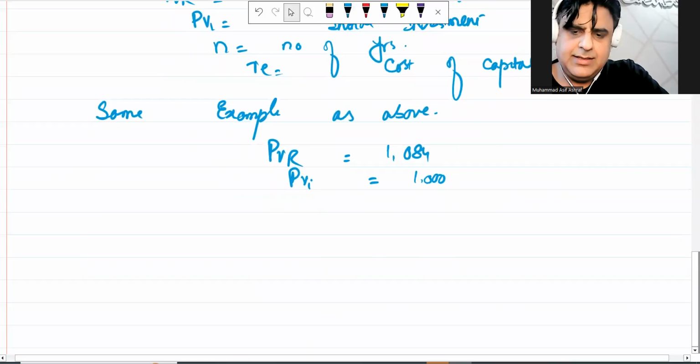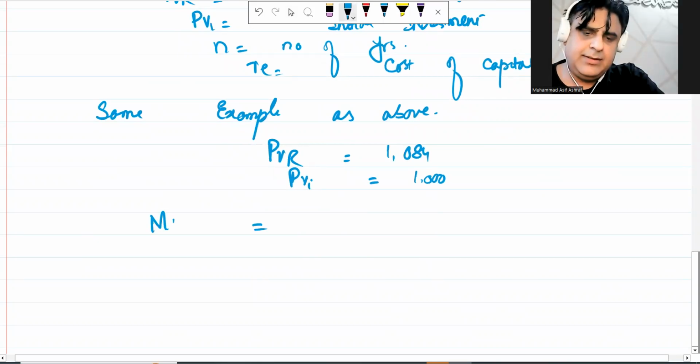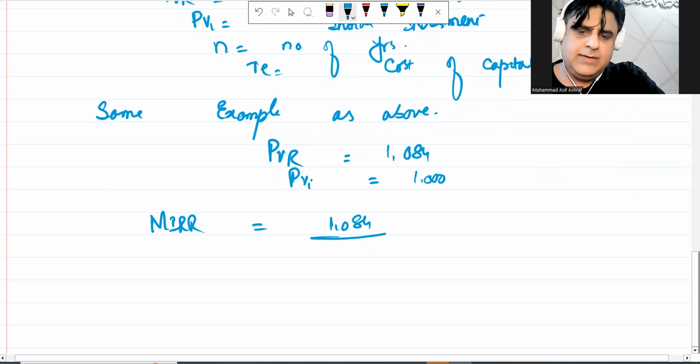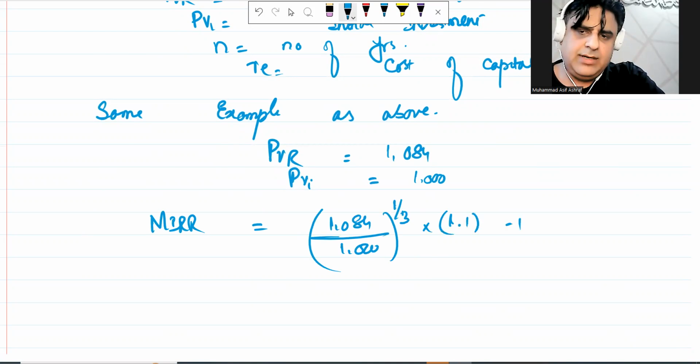MIRR formula: 1084 divided by 1000, to the power of 1 by 3, into 1 plus RE, where the discount rate here is 10%, minus 1.